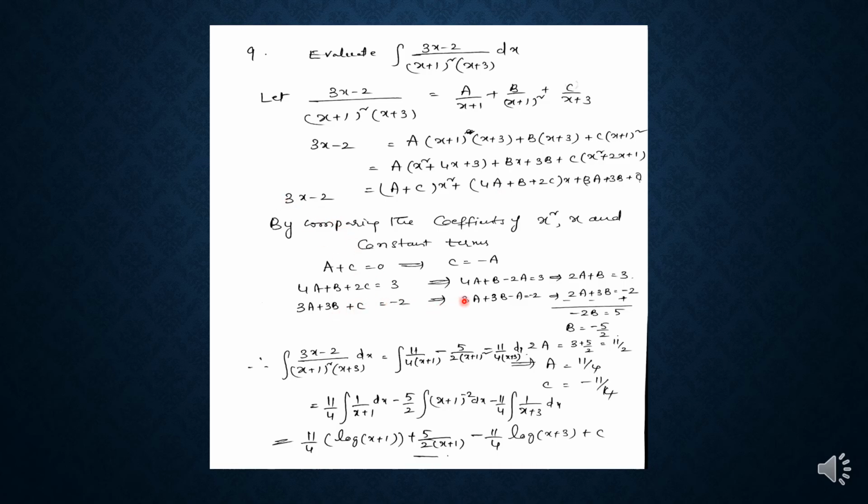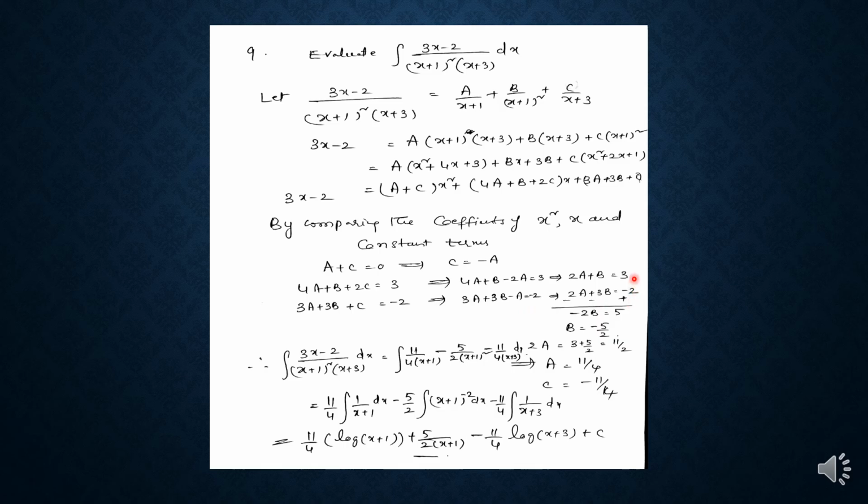So here by putting C is equal to minus A, we will get 4A plus B minus 2A is equal to 3, that is 4A minus 2A, 2A plus B is equal to 3. And the third equation is 3A plus 3B plus C is equal to minus 2. In the constant we have minus 2 on the left hand side. So 3A plus 3B minus, what is C? C is equal to minus A. By substituting minus A, we will get 2A plus 3B is equal to minus 2.